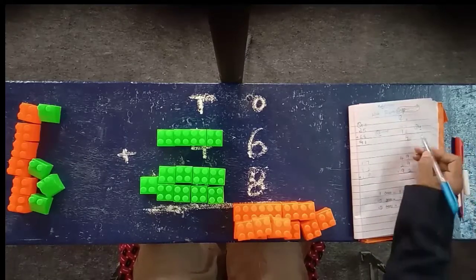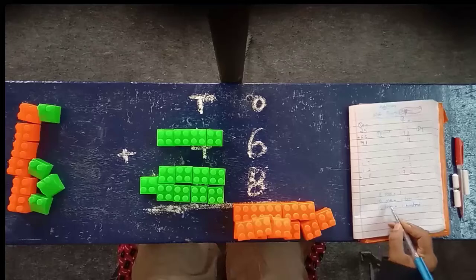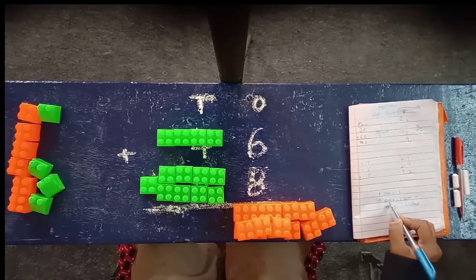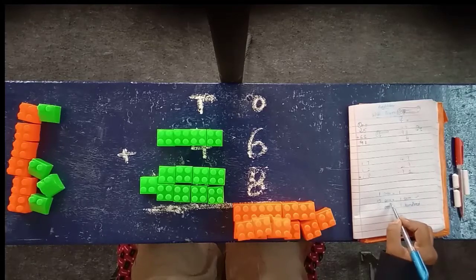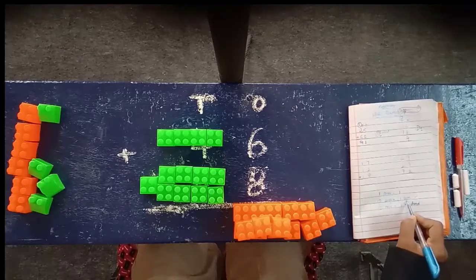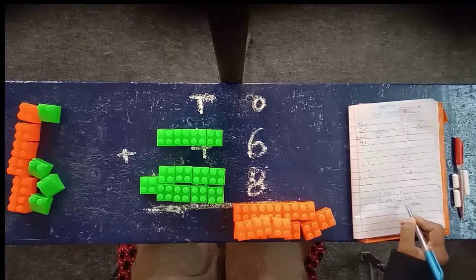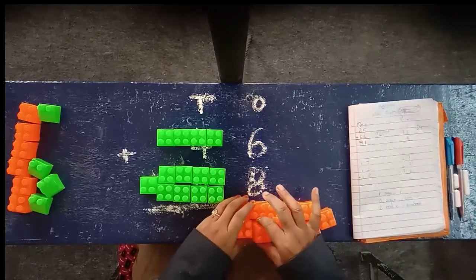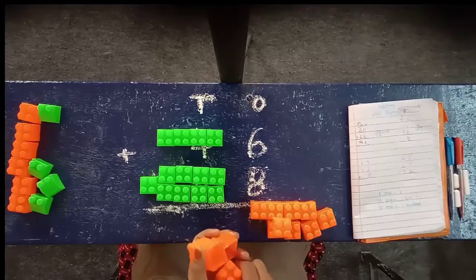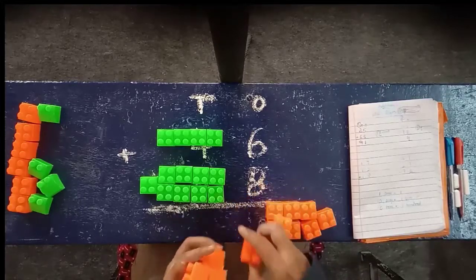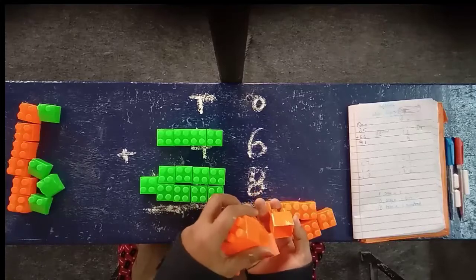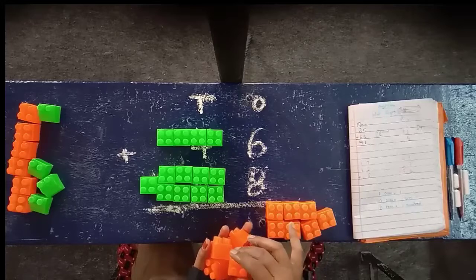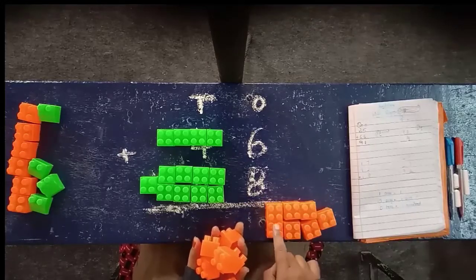Why? Because here 1 tens is equal to, as I already told you, 10 ones. 1 tens is equal to 10 ones. Means instead of 10 orange boxes, these are the ones. 1, 2, 3, 4, 5, 6, 7, 8, 9, 10.